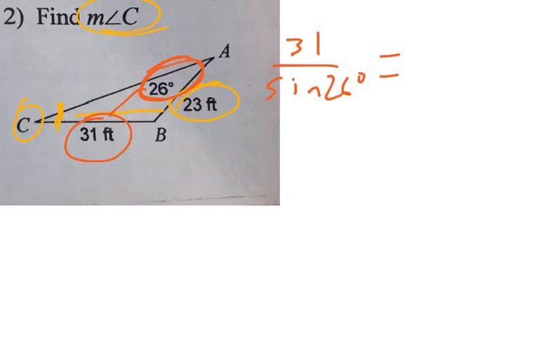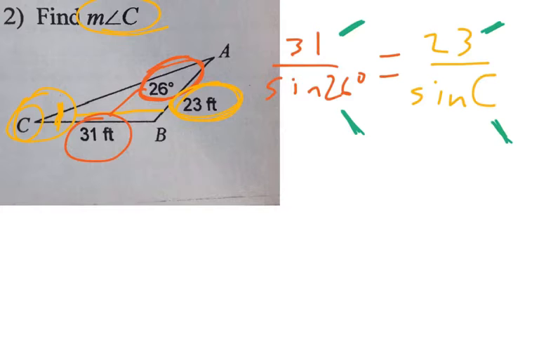Likewise, we just talked about how the 23 is opposite of the missing angle C. So I'm going to say 23 goes with the sine of angle C. And this is basically how you set it up, guys. You always take the side and match it up with the sine of the angle opposite that side. Okay? So, what to do next?